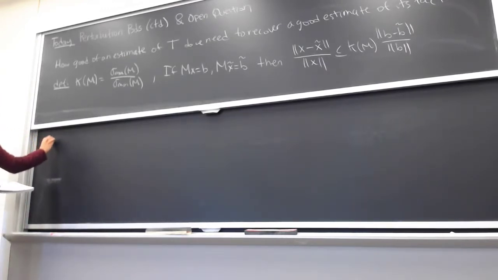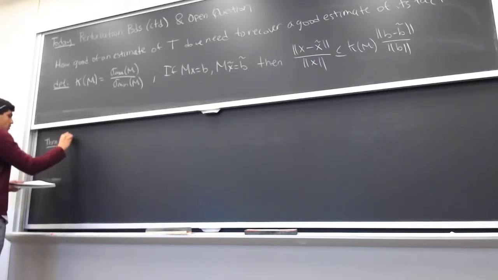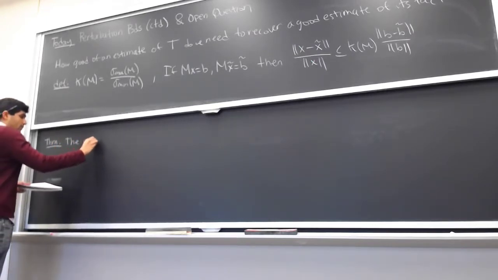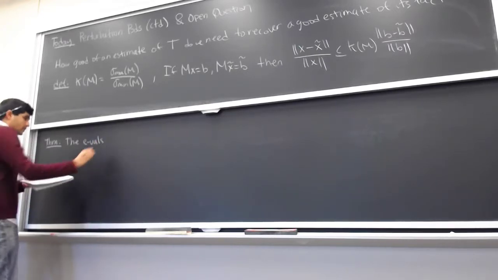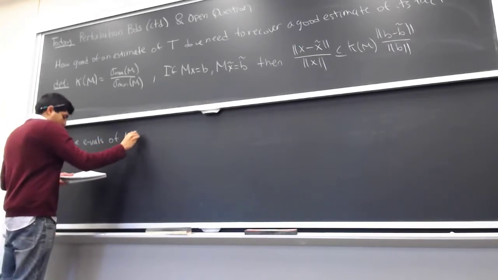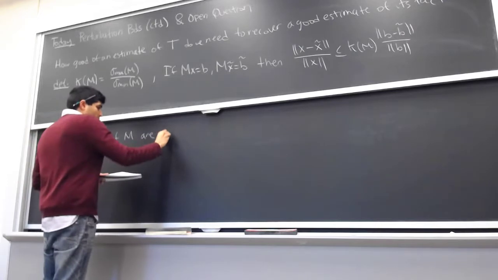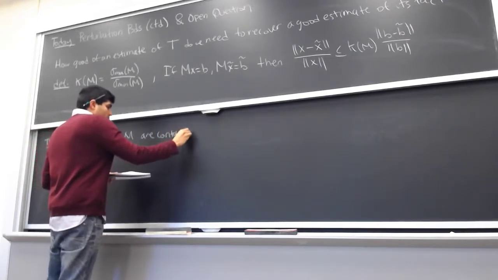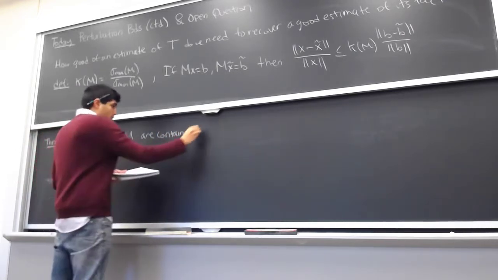Now the other result we needed was Gershgorin's theorem, which had this really nice geometric view of what happens to eigenvalues. What we said, and we proved it, was that the eigenvalues of M are contained in a particular union of disks.